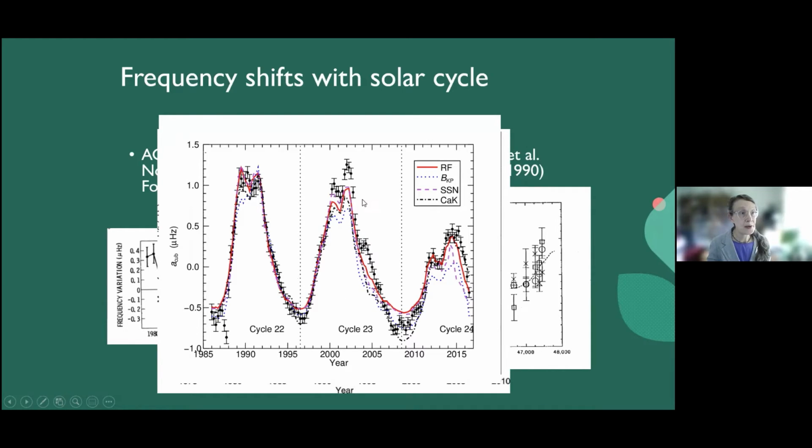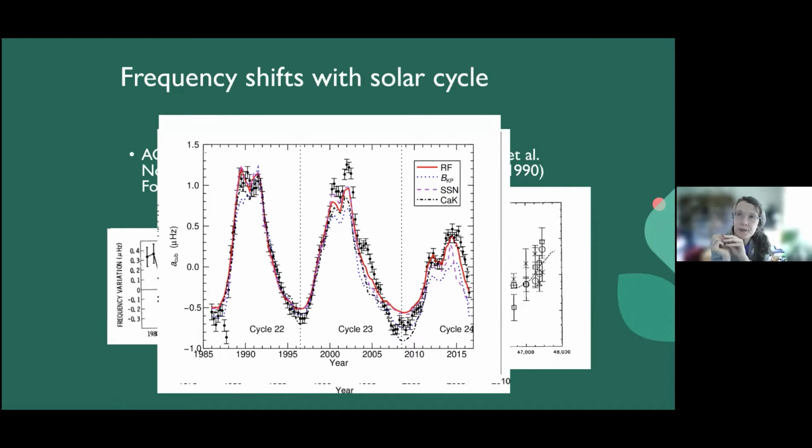So there's definitely correlations, and those curves are fit to different activity proxies. And what you can see is that if you fit it very nicely to cycle 22, then it doesn't fit quite as well to the other cycles.